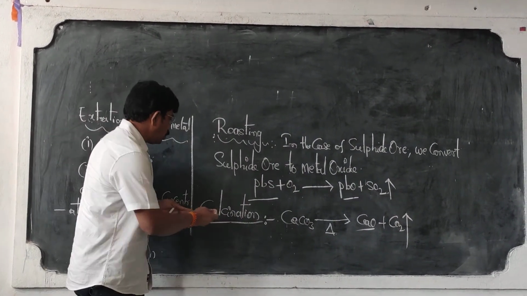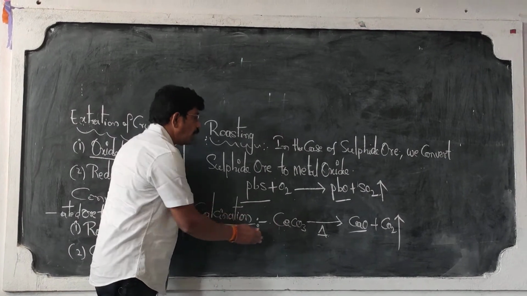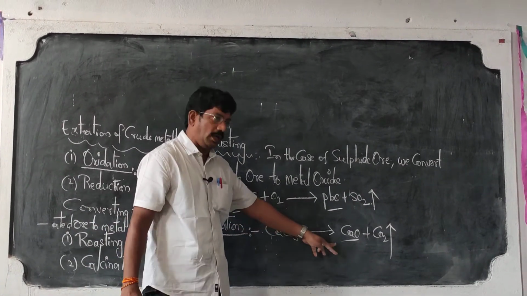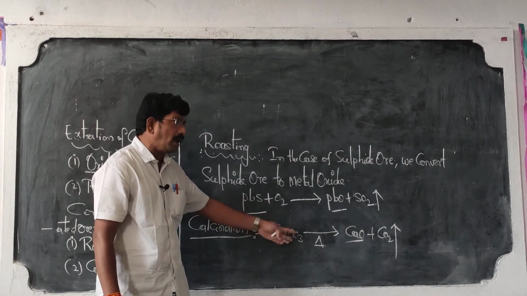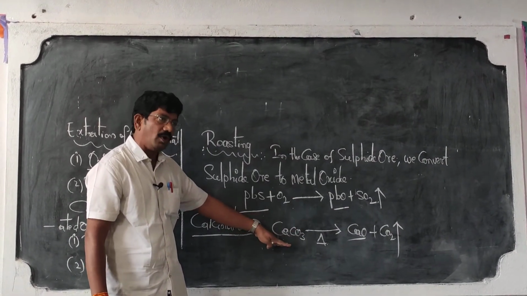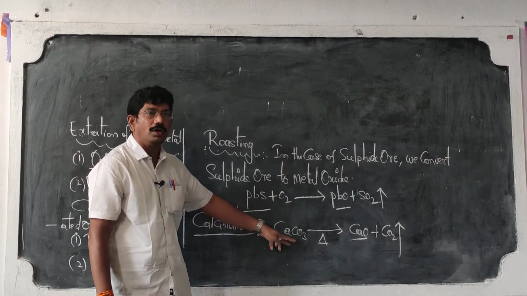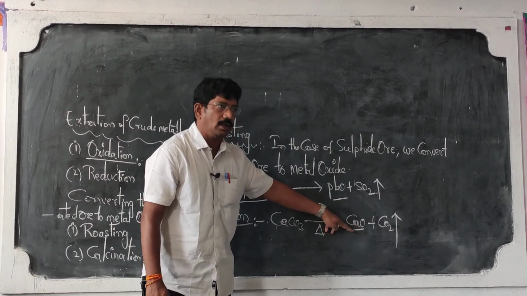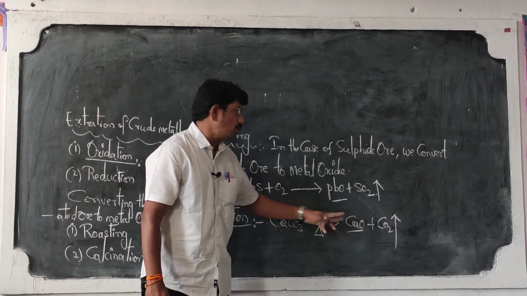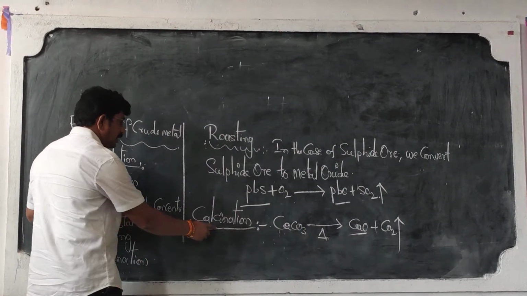So here what you are doing in the calcination process, you are heating the ore strongly. This calcium carbonate, magnesium carbonate or whatever it may be, the carbonate ore decomposes and gives carbon dioxide and metal oxide. So what do you understand by calcination?